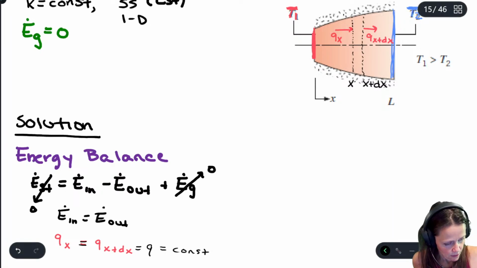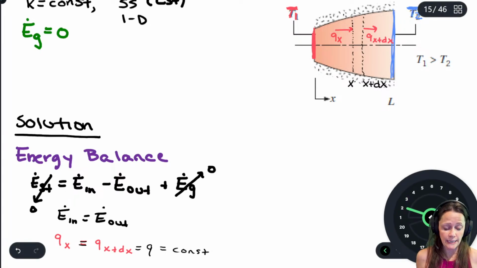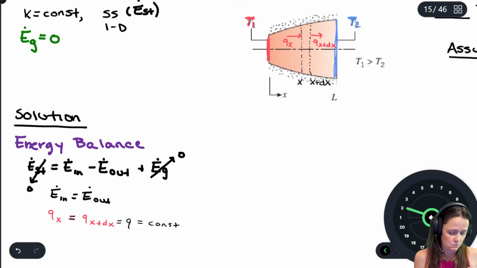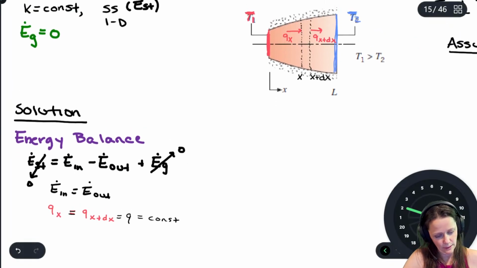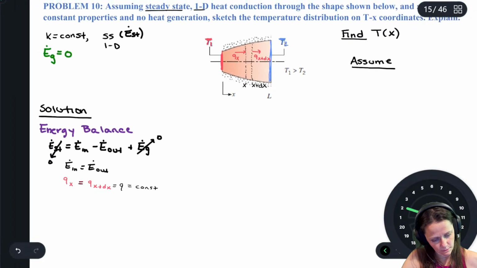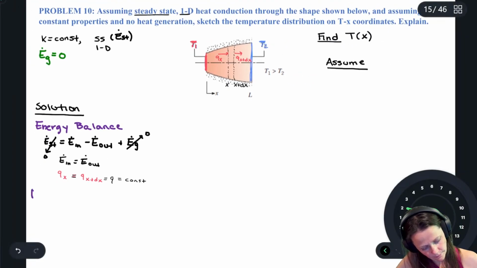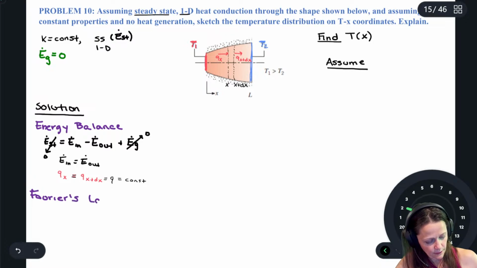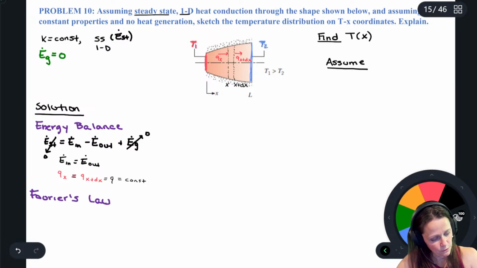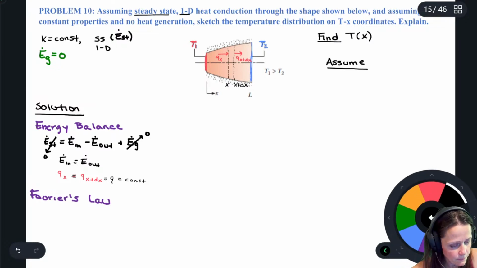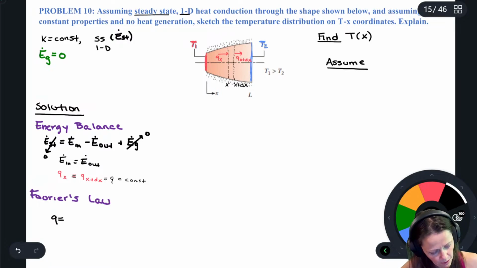Perfect. Okay. So the next thing I'm going to look at is, what's Fourier's law going to tell me? So Fourier's law says that Q, and I'm going to leave it as a heat transfer rate, is negative k A dT dx.